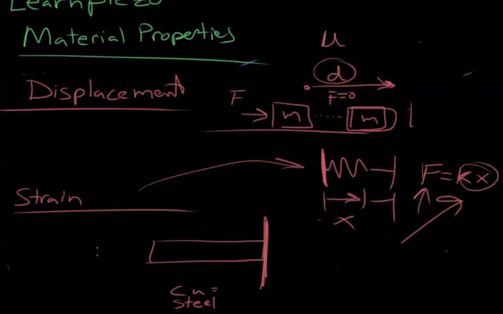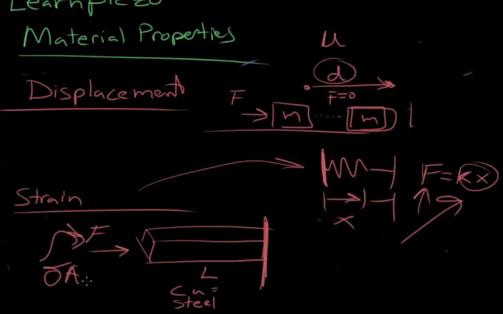And what we're going to do is push on it with a force. Oh, and I forgot, it has length L. Do we push on it with the force? It's a real bar, so you actually have to push on it with a stress times an area. But we know the stress. Let's say we know the area, so we get a force.